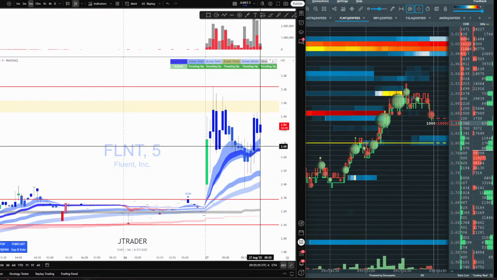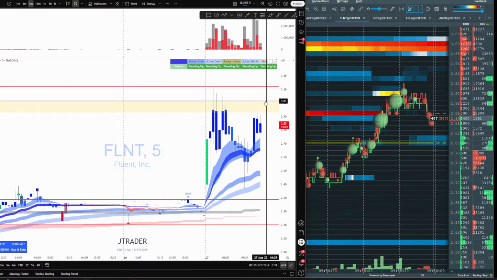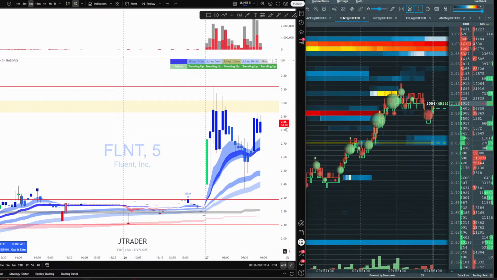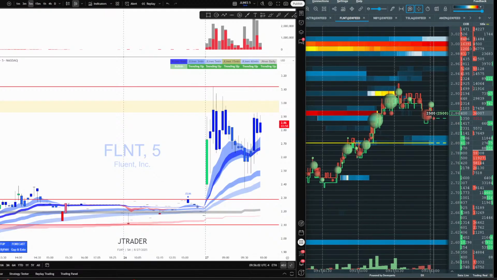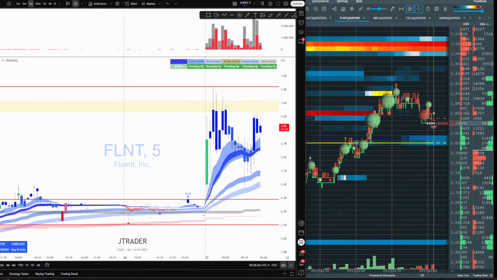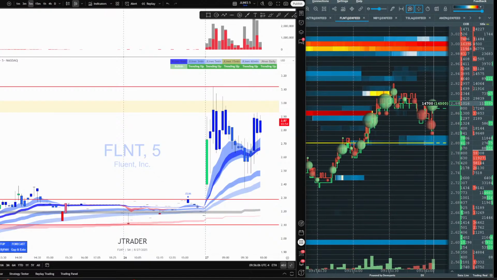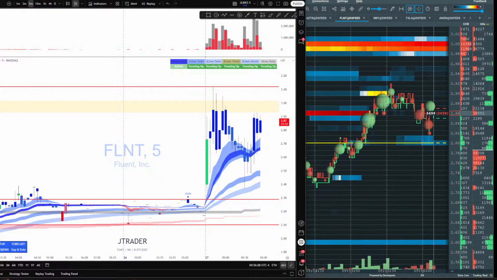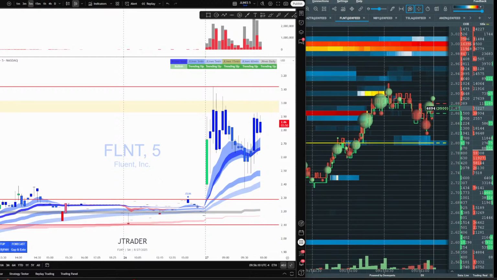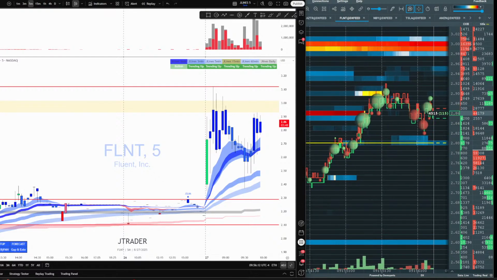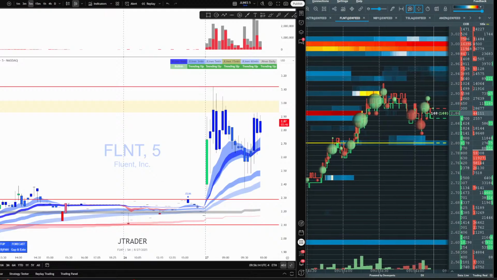No short yet over here. As we said, we're looking 302 and 310. So patience on FLNT. Reclaim VWAP. JLines with volume is the 945, 1030 squeeze pattern.